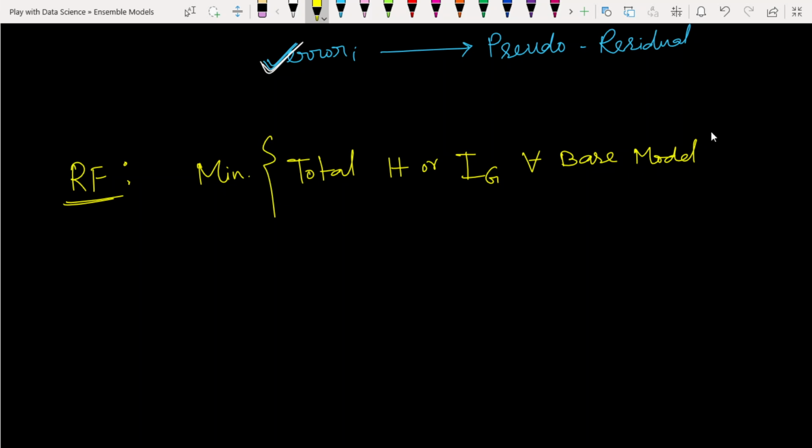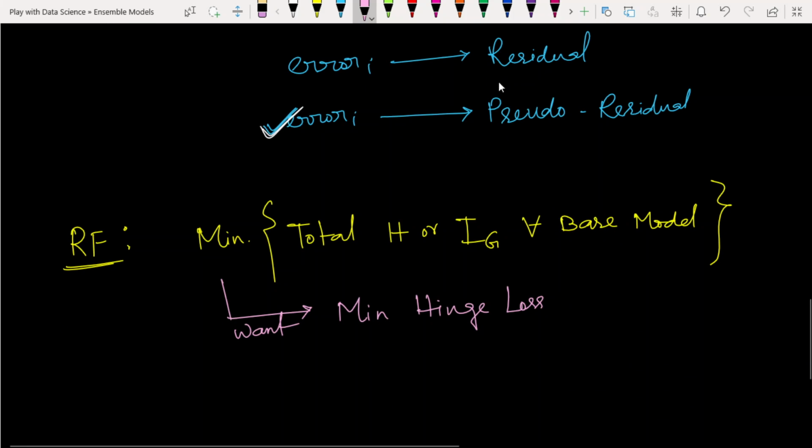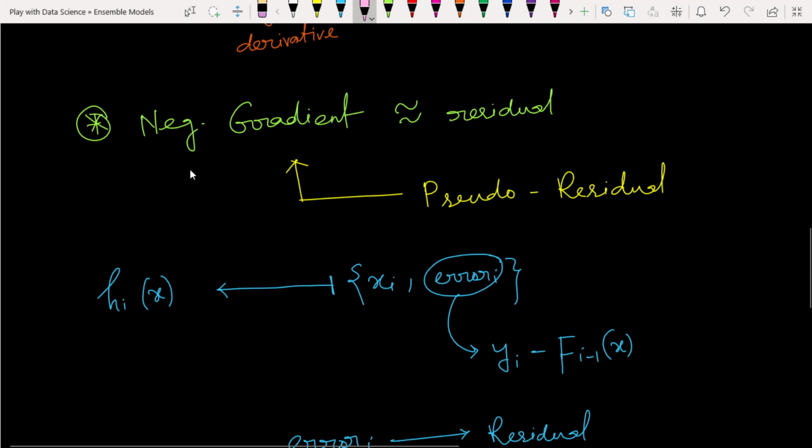But suppose I don't want to minimize the entropy, I want to minimize the hinge loss. That is not possible using the simple residual, but it is possible if we consider the pseudo residual, meaning the negative gradient term.